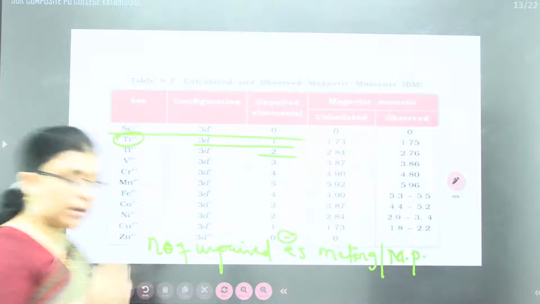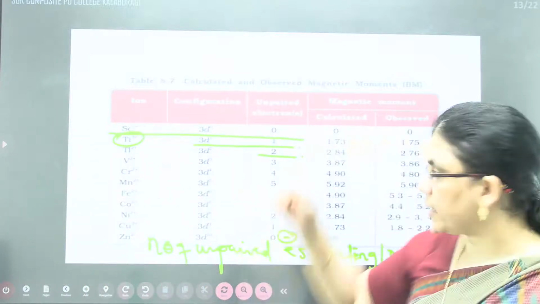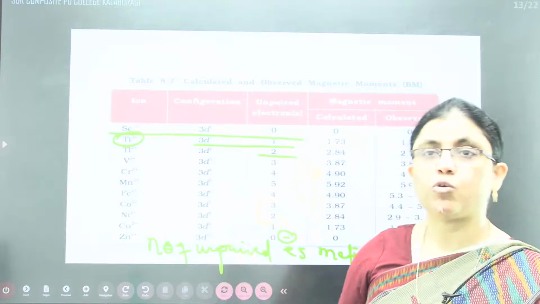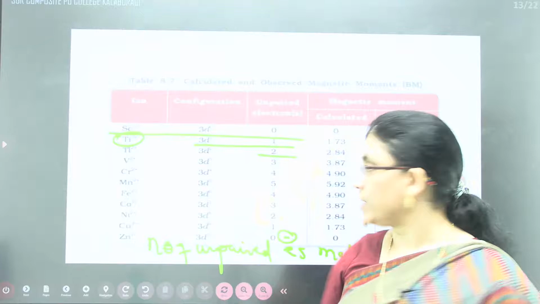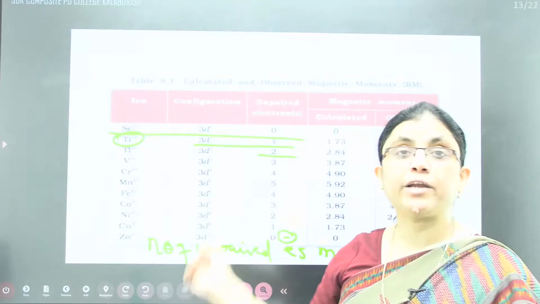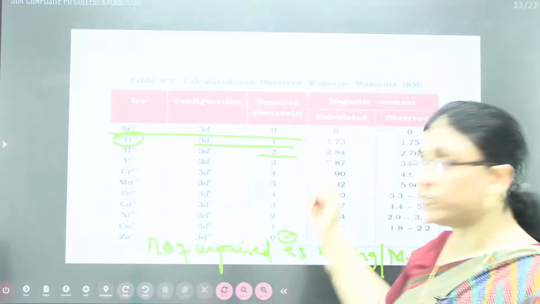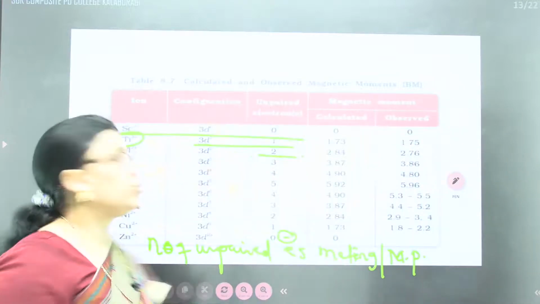Whenever we say metals are electropositive in nature, in the case of d block elements most of them are metallic. We cannot say 99%, but most are metallic in nature, with high melting point and high boiling point. They exist as solids except mercury and gallium, which we also need to remember.